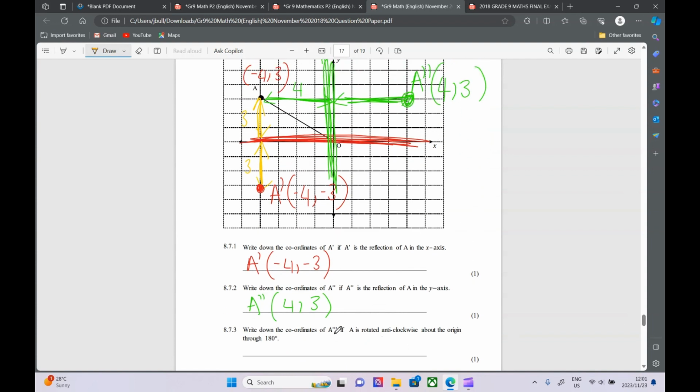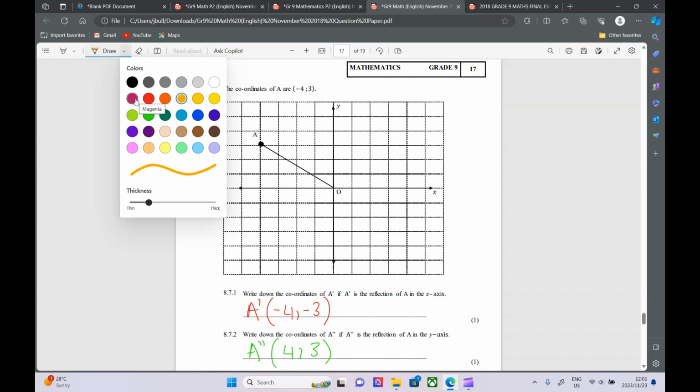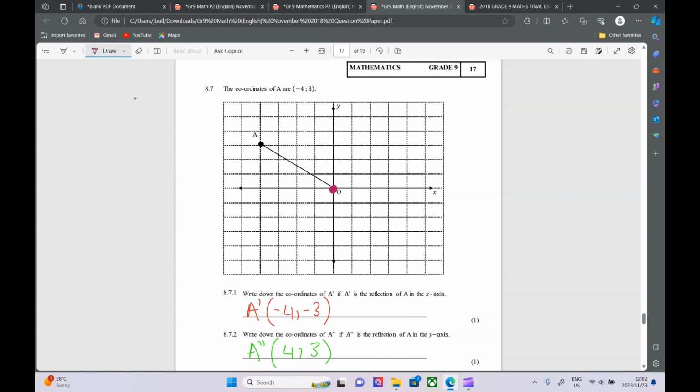Write the coordinates of A3 if it is rotated anti-clockwise about the origin. Okay, so let's just clear this up a little bit. Now they're saying we want A3, and how we get that is we rotate it anti-clockwise around the origin. So all they're saying is we're spinning this around the center here, around this middle point.